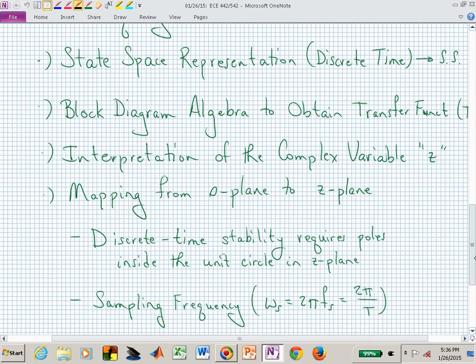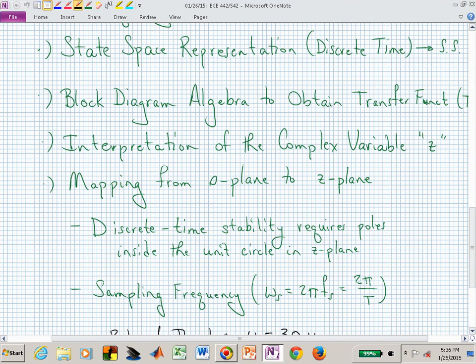We will then talk about this z variable. How do we interpret it? I've already kind of told you one way of thinking about it. Z to the minus 1 is a delay of 1 sample, but now in the frequency domain we could have many different complex planes.